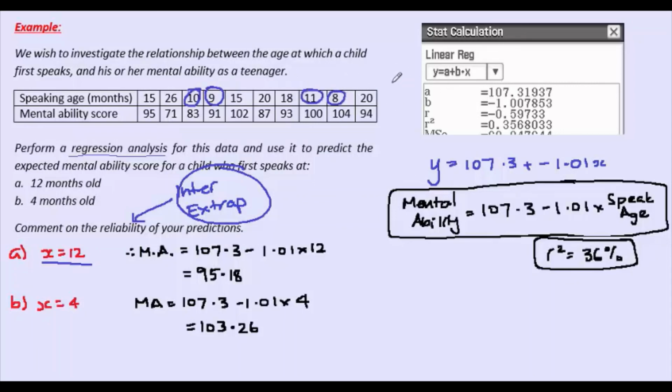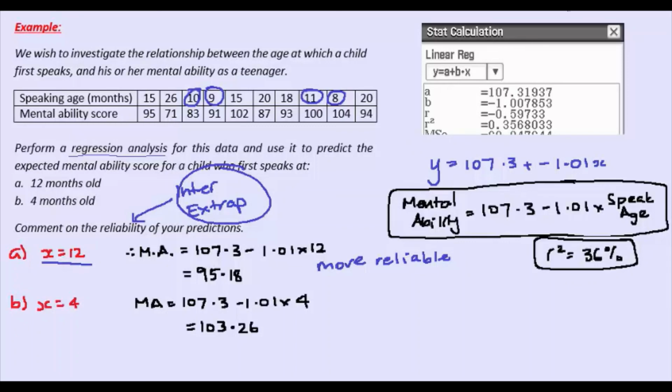So we can directly compare that, which means this is more reliable. It's called interpolation because this number of 12 months is within our data range.